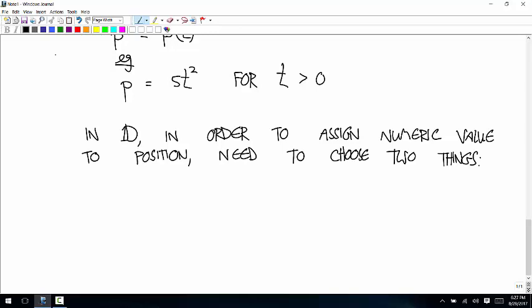And those are, first, some reference point, some physical point in the path of this object that you're going to call 0, that you're going to call 0 position. So a location corresponding to position 0.